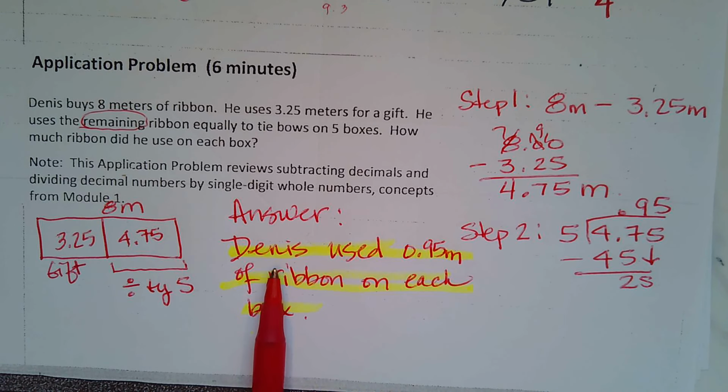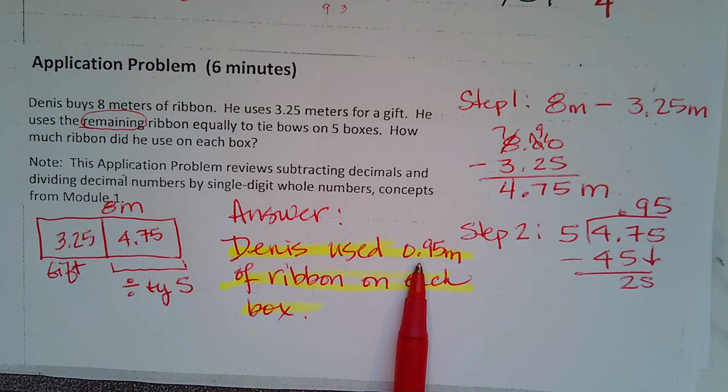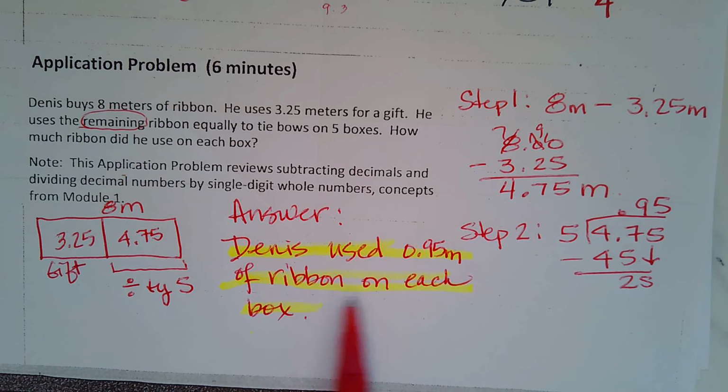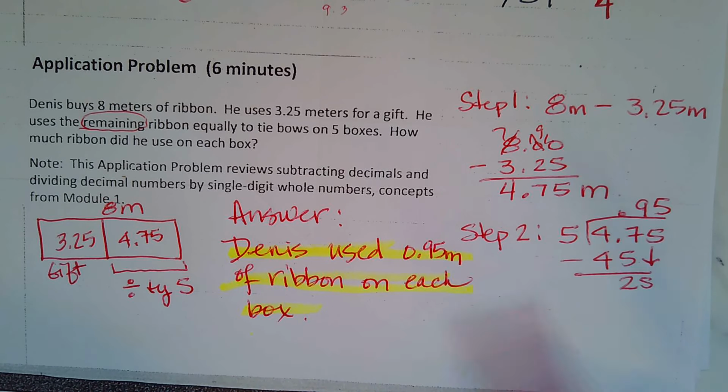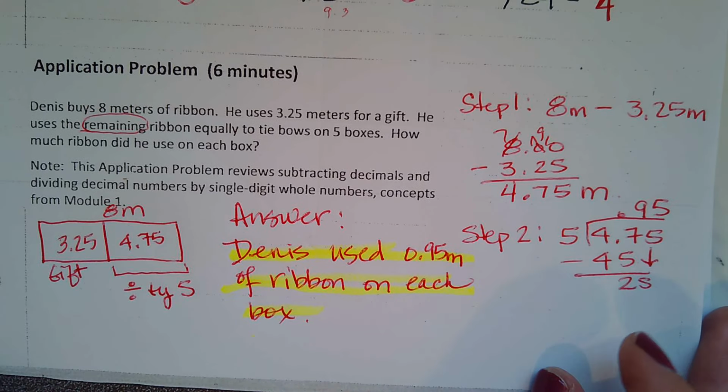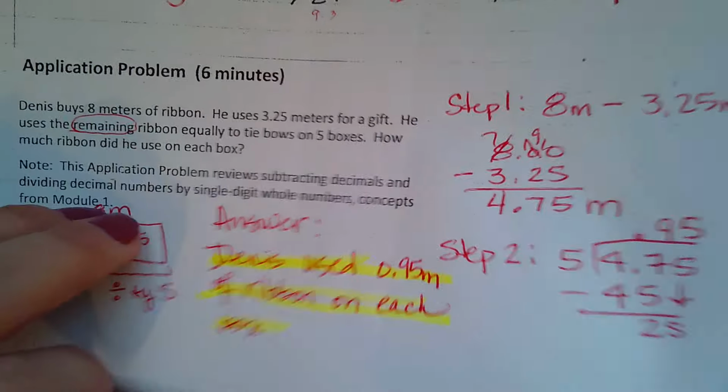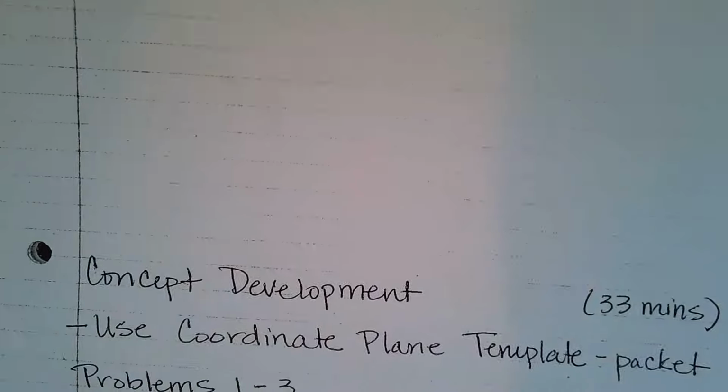So the answer is Dennis used 0.95 meters of ribbon on each box. All right, if you didn't do this correctly, go back now and see if you can do it successfully on your own. Moving on, we are going to go to unknown angles.